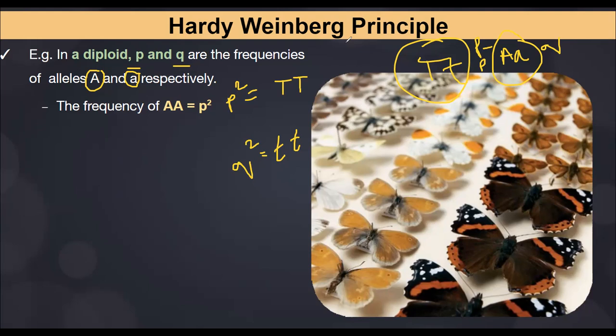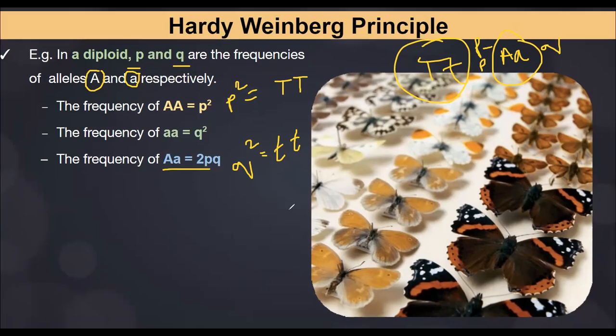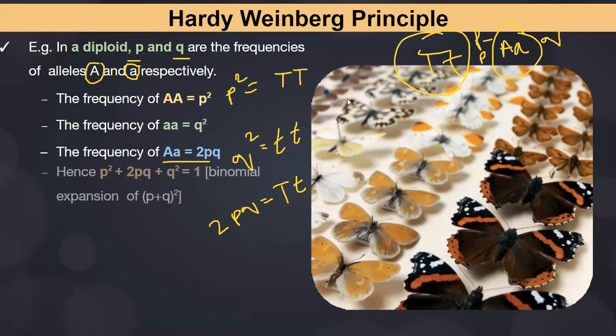Small a will be q square. And hybrid will be what? That is capital T into small t, so this is p and q, 2 times, 2pq. So this gives you the formula of (a plus b) the whole square, which when you expand by binomial expansion will give you p square plus 2pq plus q square.